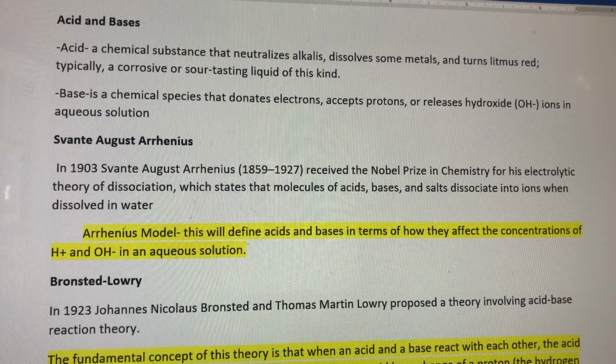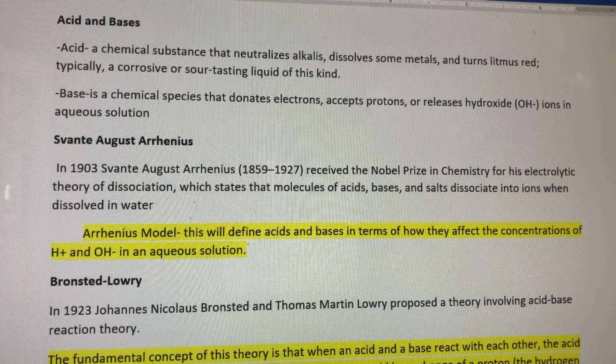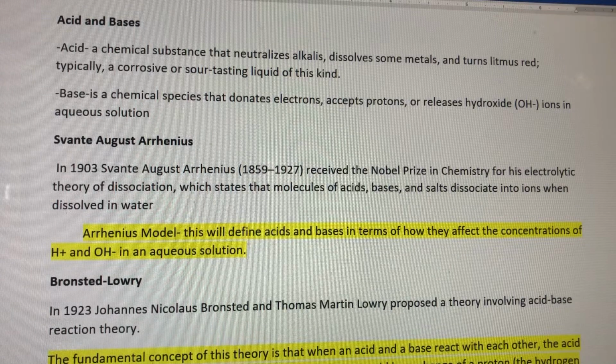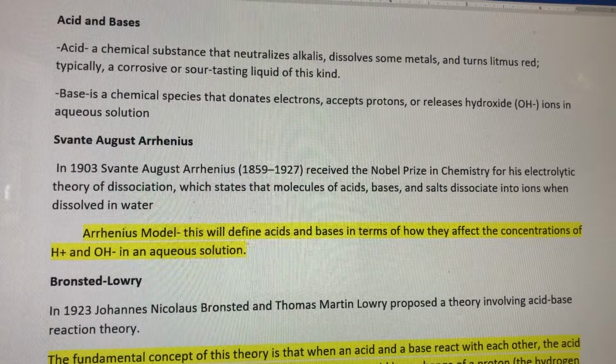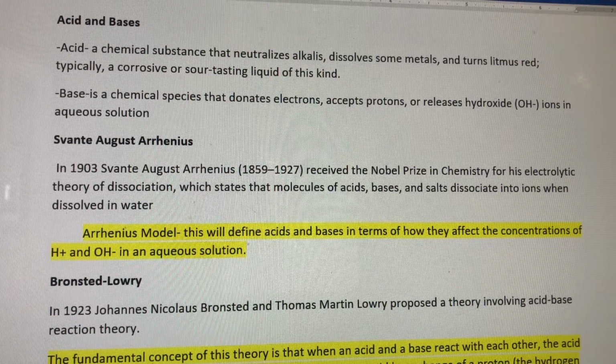These two are very important because this is going to be the foundation of exam 3, just knowing acids and bases. The next thing we got into was something called the Arrhenius model. Correct me if I'm saying that wrong. It all starts with Svante August Arrhenius.